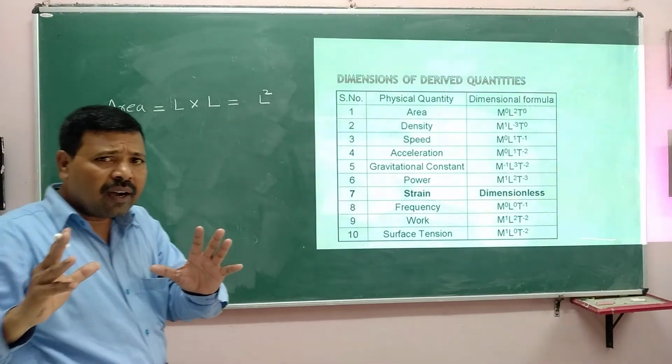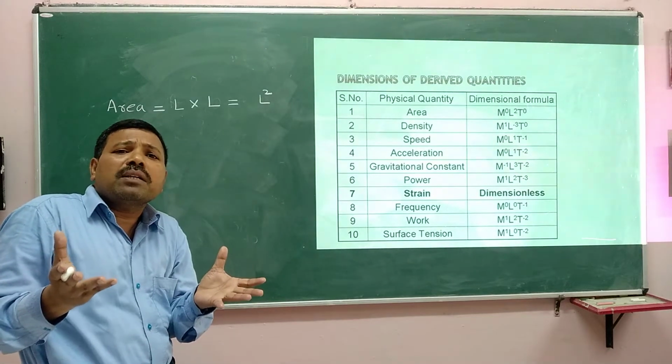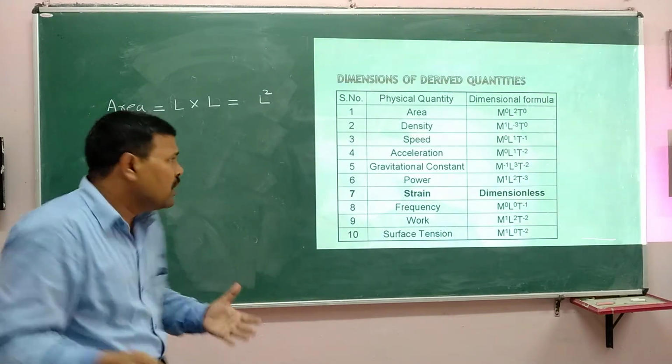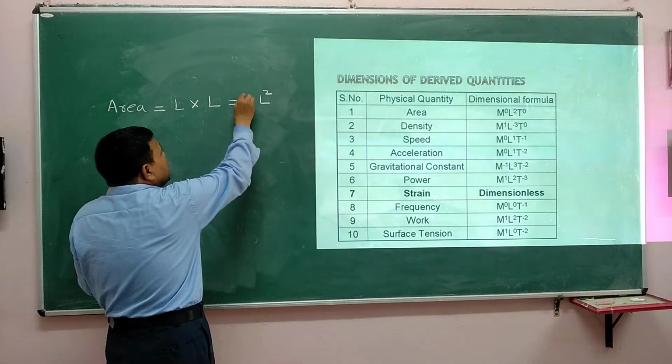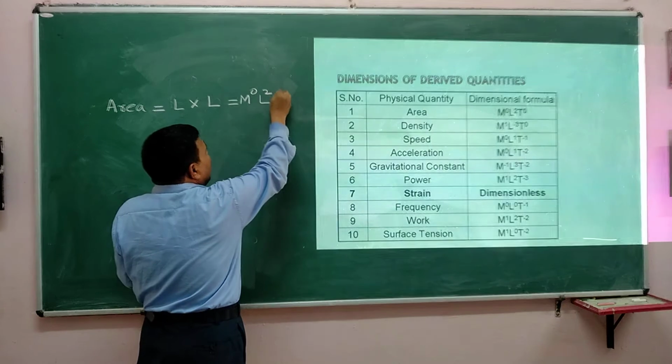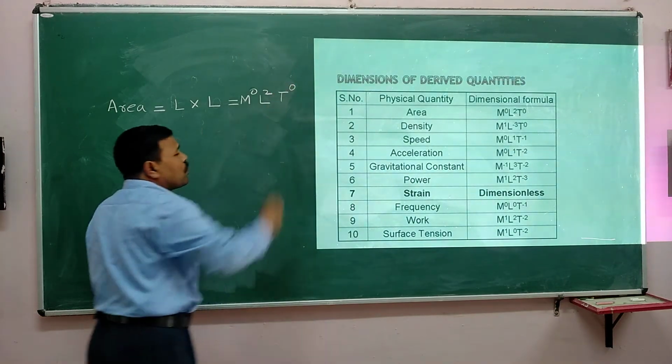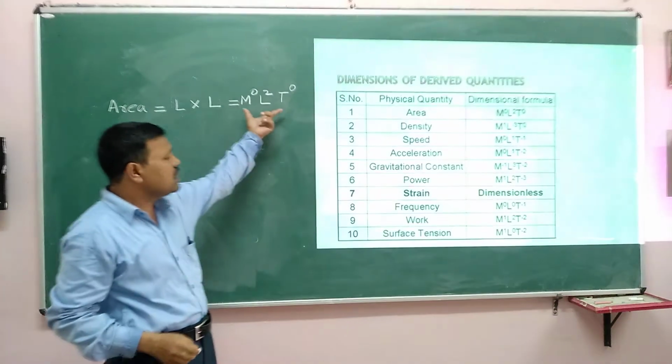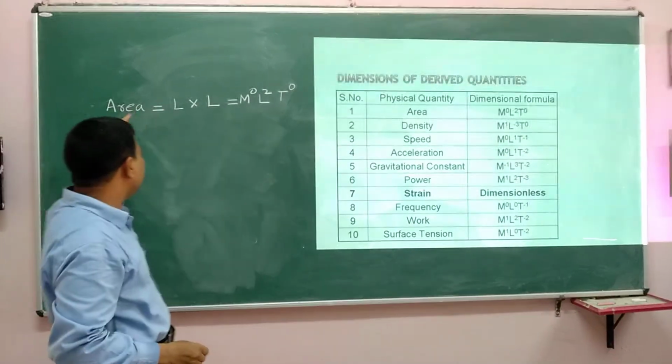Area is not depending on mass and time. Therefore, I write M raised to 0, L raised to 2 and T raised to 0. This is the dimensional formula of area.